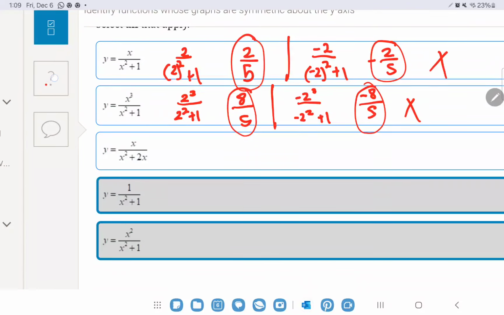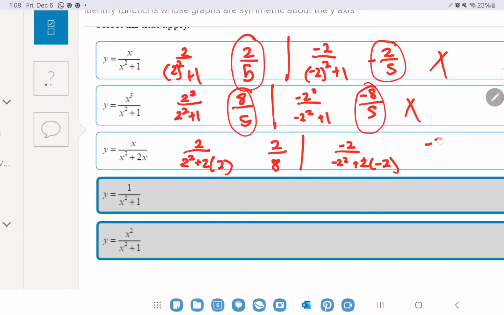This one, let's try it again. 2 over 2 squared plus 2x. Now plus 2, not x, sorry, 2 into 2. So it's 2 over 8. Now let's try with negative. Negative 2 over negative 2 squared plus 2 into negative 2.